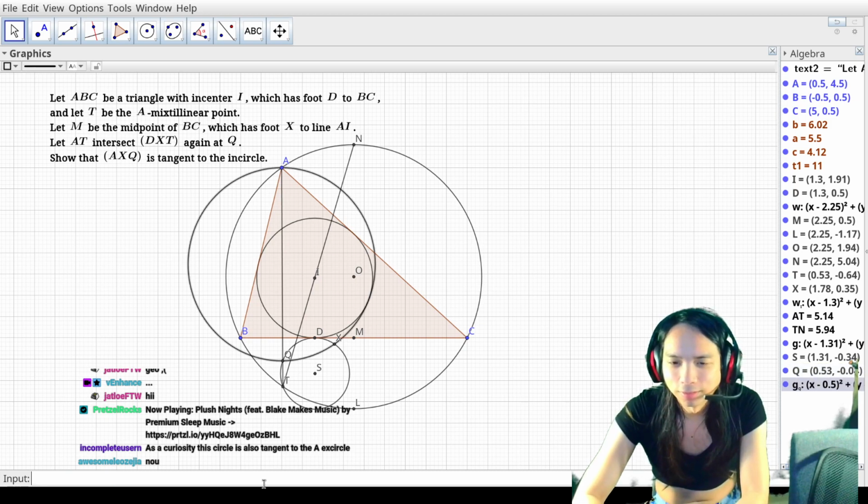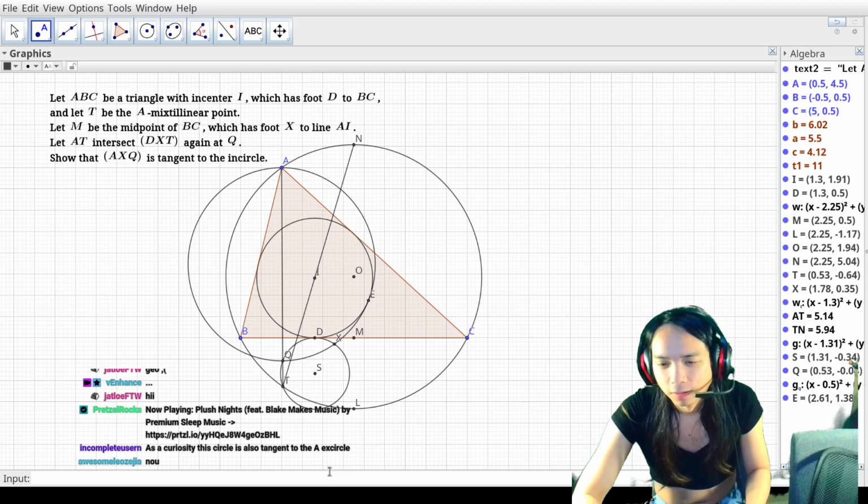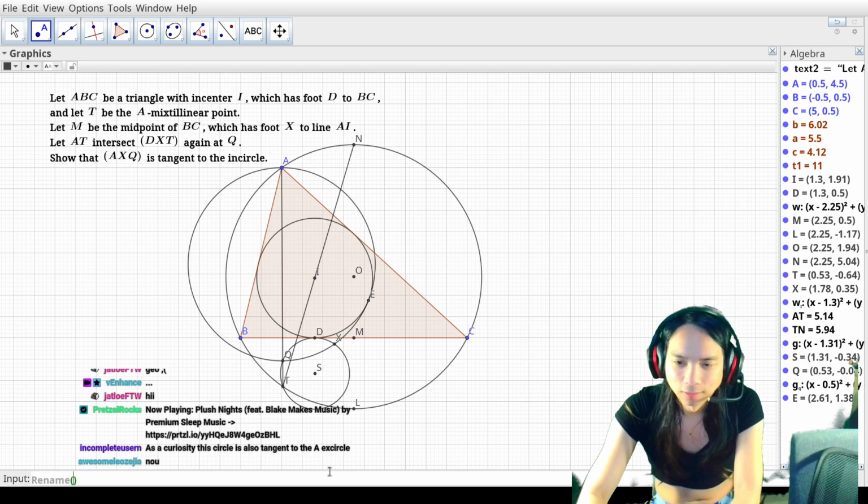okay, so I'm gonna have to identify the tangency point, right? Somehow. Well, let me call it.